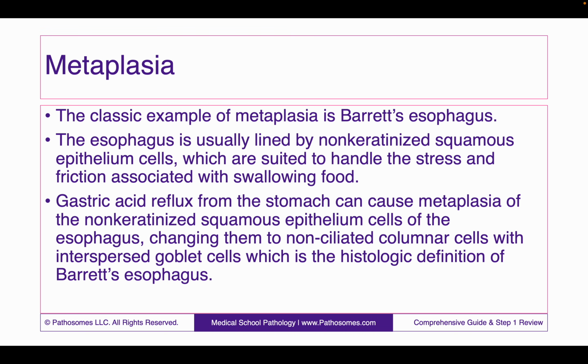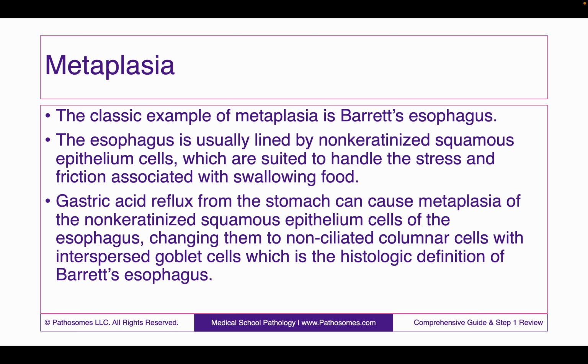The classic example of metaplasia is Barrett's esophagus. You know that image. It's in your brain. The esophagus is usually lined by non-keratinized squamous epithelial cells, which are suited to handle the stress and friction associated with swallowing, right?